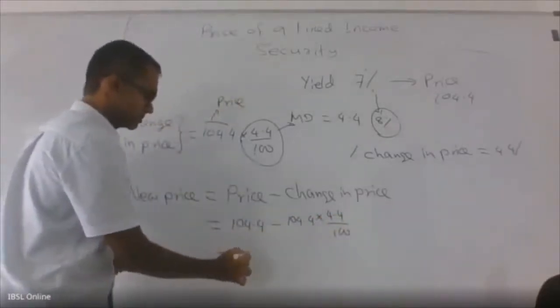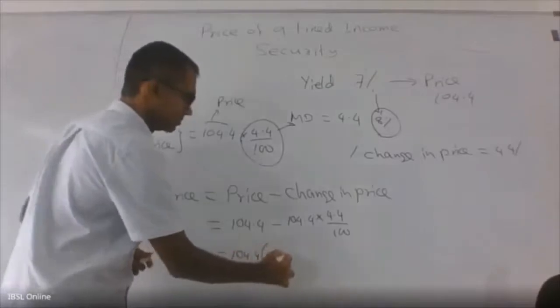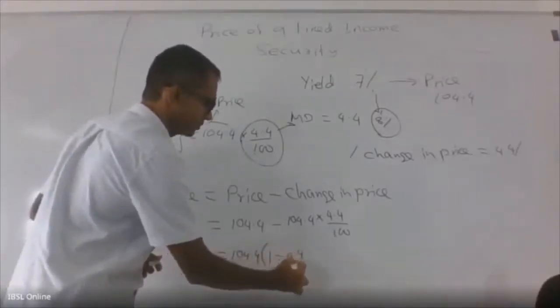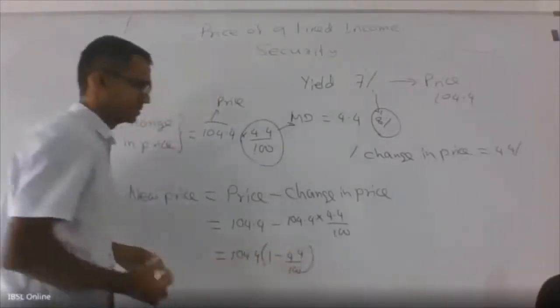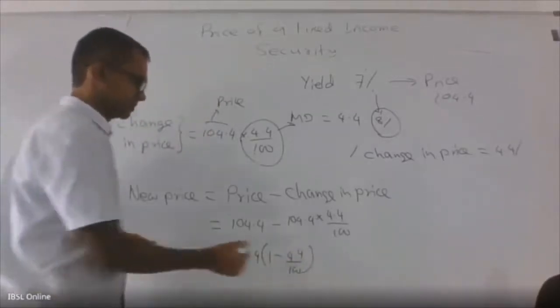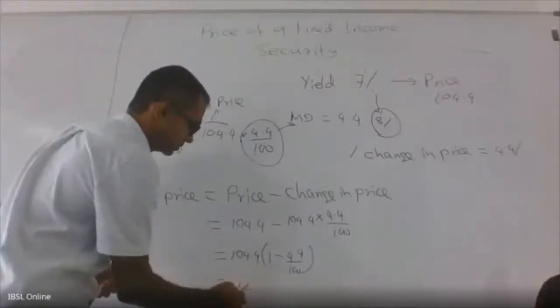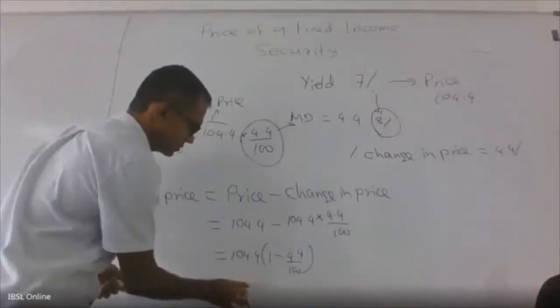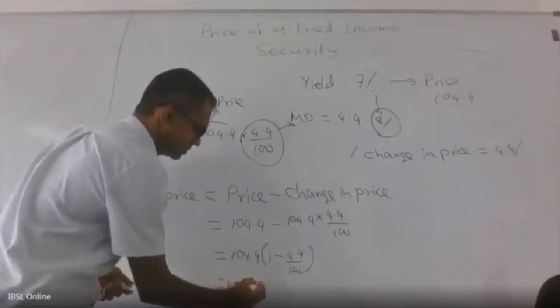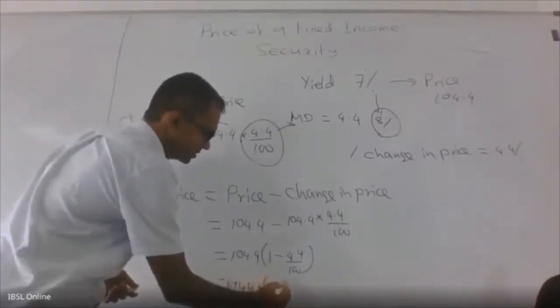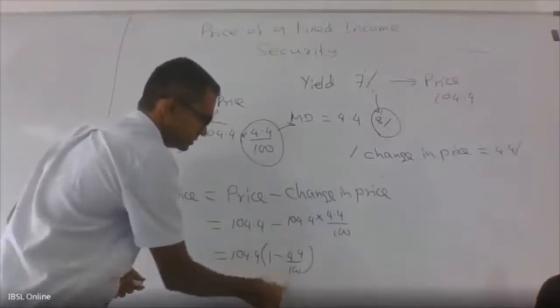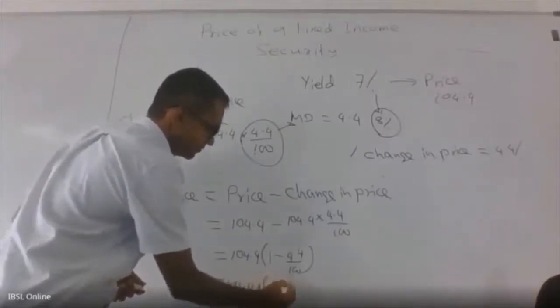So 1 minus 4.4 divided by 100. 1 minus that thing is almost 0.9956.